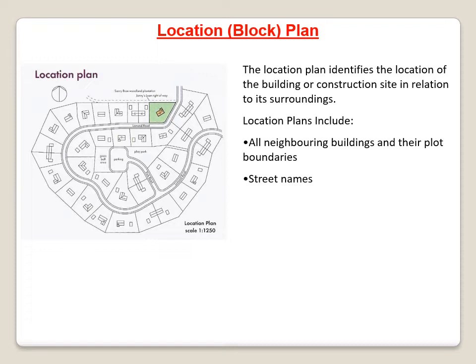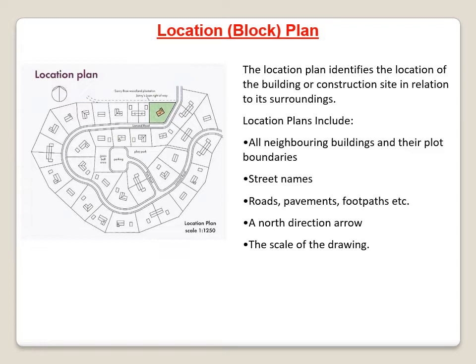You would expect to see maybe some street names, roads, pavements, footpaths, a north direction arrow, that's this circle at the top showing which direction north is, and you'd always expect to see the scale of the drawing.